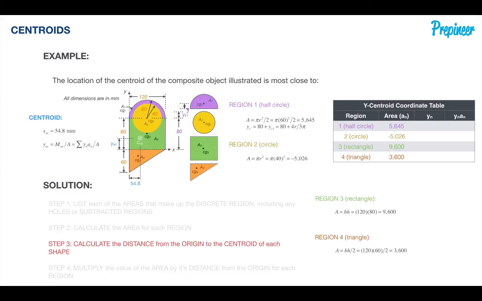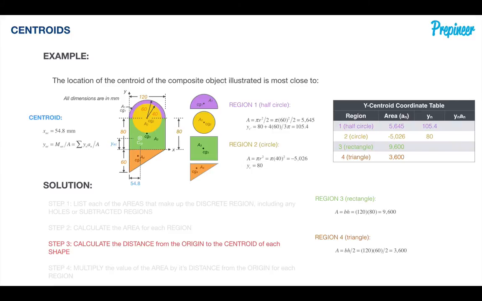Between the exploded view of this object and the actual object, I've defined what this centroid will look like. It's y sub c1 plus 80. We plug in our radius, and we get a value of 105.4.